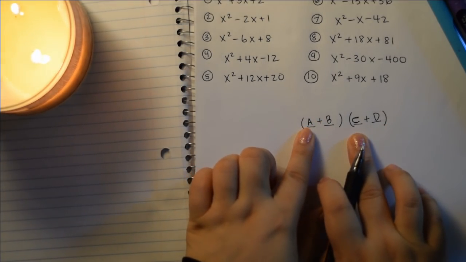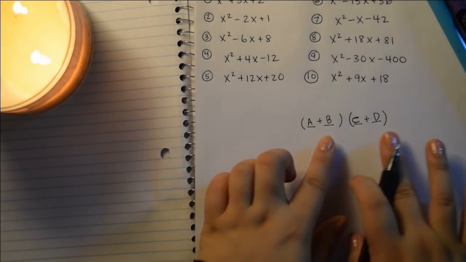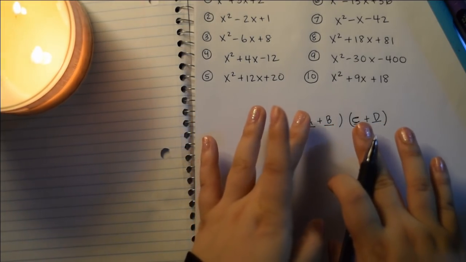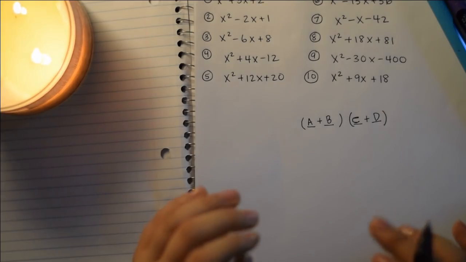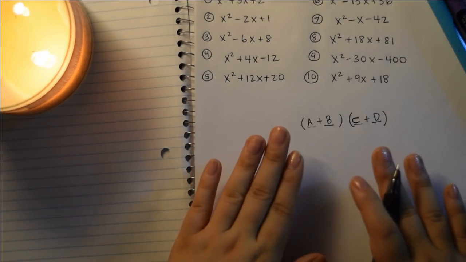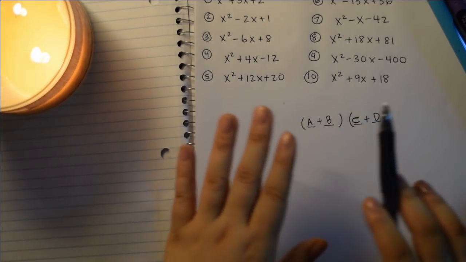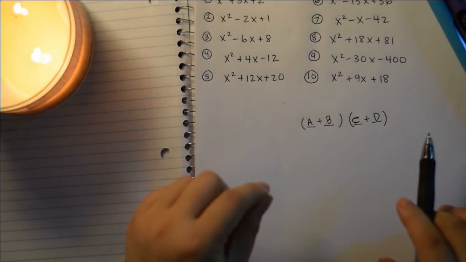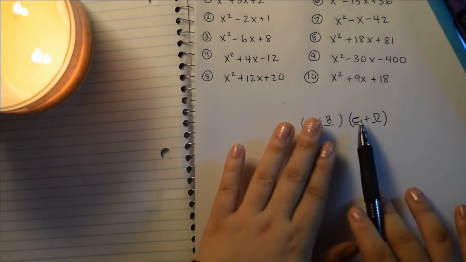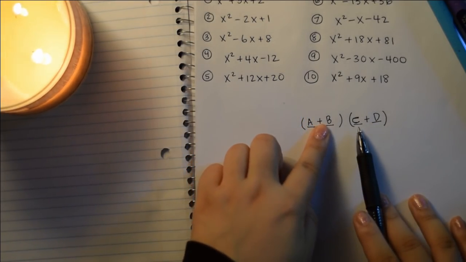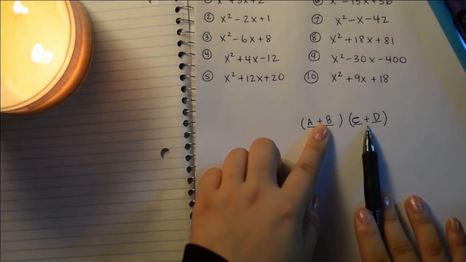you don't just do AC plus BD, even though it totally looks like it should be just the first terms times the second terms, but you actually use the FOIL method, which pairs everything together. It makes sure that we get every pair, so that every pair of terms where one term is in this one and one term is in this one.